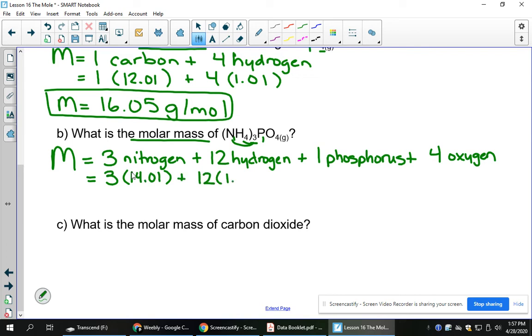12 hydrogens. You might get to the point where you do so many calculations, you start to have some of them memorized like I do. 1 phosphorus and 4 oxygen. Now put this in your calculator exactly how you see it. The brackets are important. You need to make sure that you follow BEDMAS and you multiply before you add.